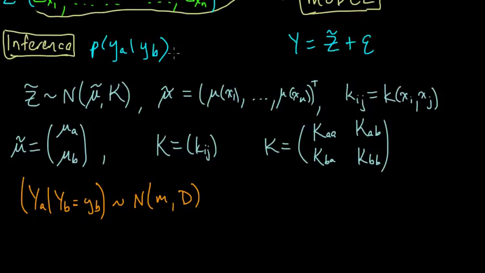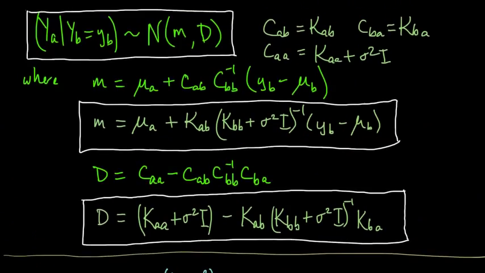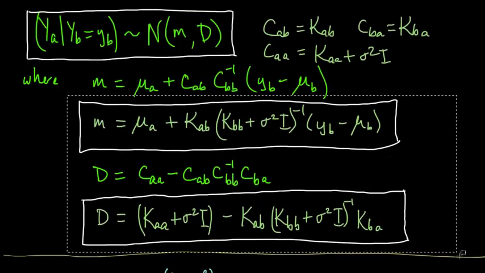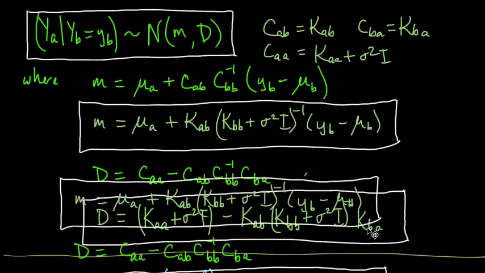This equals the normal density evaluated at ya with mean m and a covariance matrix D, where I've chosen the notation so that everything works out perfectly here. I'll just copy and paste, just to emphasize, since we had some slight changes in notation.